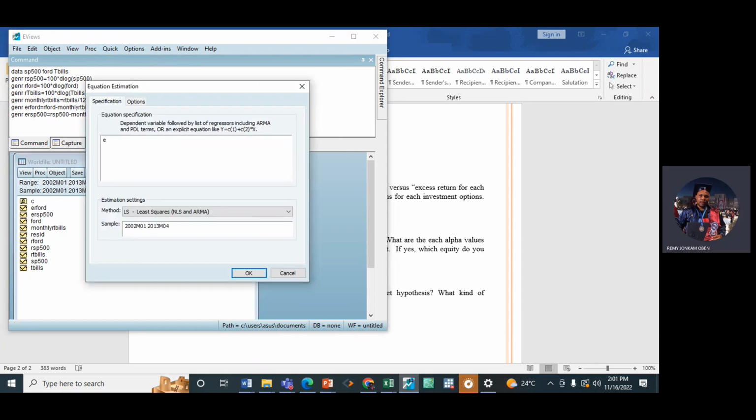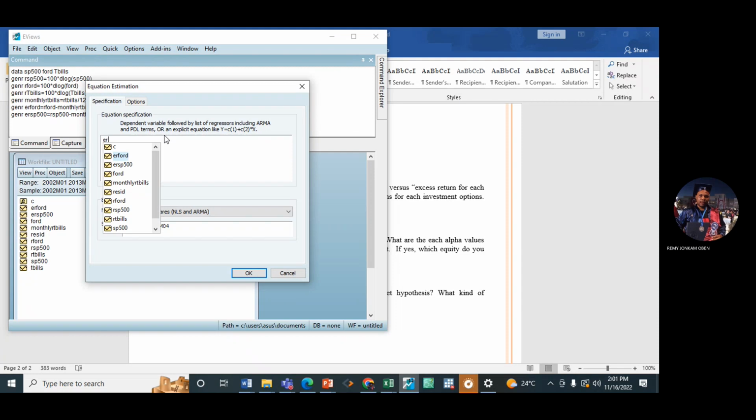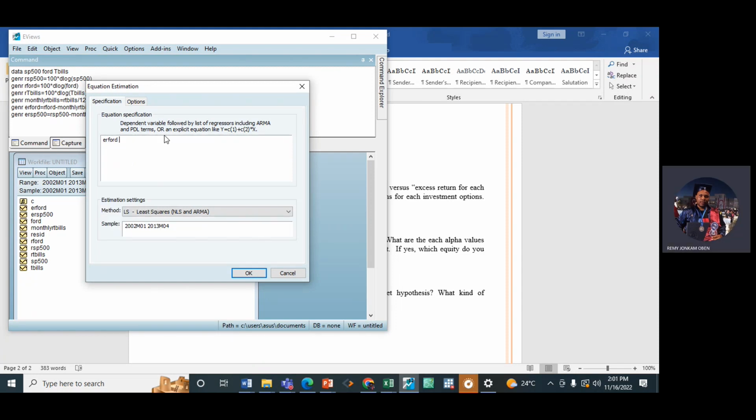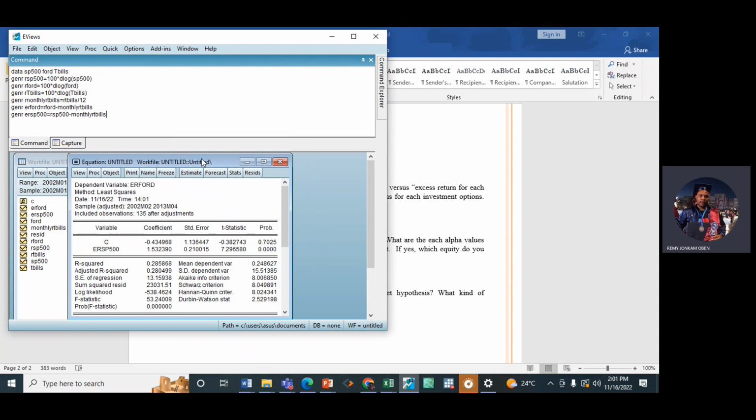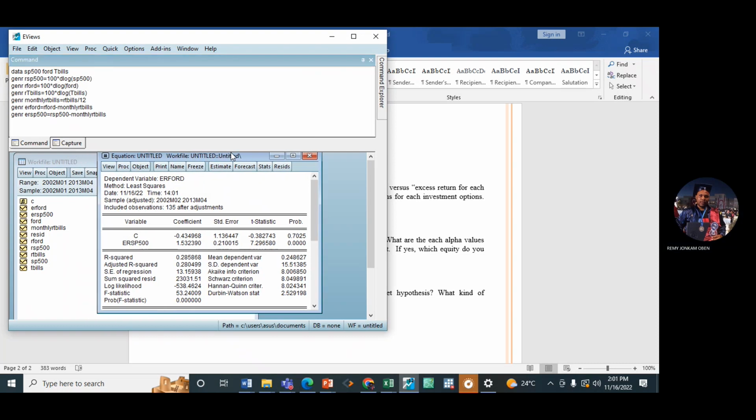Run expected return. What should I write? C for constant, expected return, SP 500. Okay, guys, this is the regression result. We have seen how to interpret coefficients. This is not for the case of CAPM, like a normal regression, right?